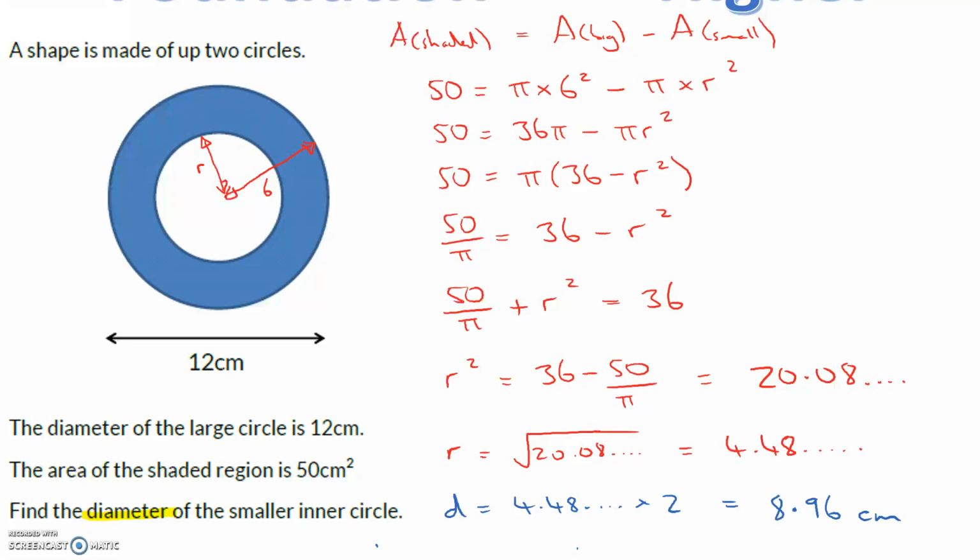Probably not. No, probably 2 would have been better. Okay, we've got diameter to 2 significant figures, area of the shaded to either 1 or 2, we're not quite sure. Probably 9.0 would have been better. Alright, but if it doesn't specify, you're not going to lose any marks there. Okay, so 9.0 centimeters or 8.96 centimeters to 2 decimal places, or to 3 significant figures. Done.